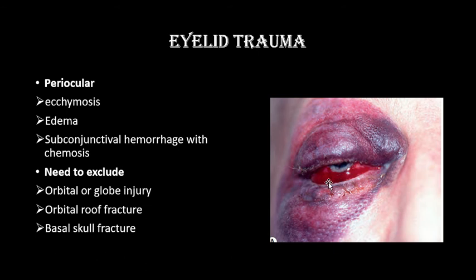This is chemosis, edematous conjunctiva. But when you see this kind of patient, you need to exclude other possible ocular or orbital injuries. We need to exclude the orbital injuries or globe injuries, especially orbital roof injuries, if with this subconjunctival hemorrhage we cannot see the posterior extent.